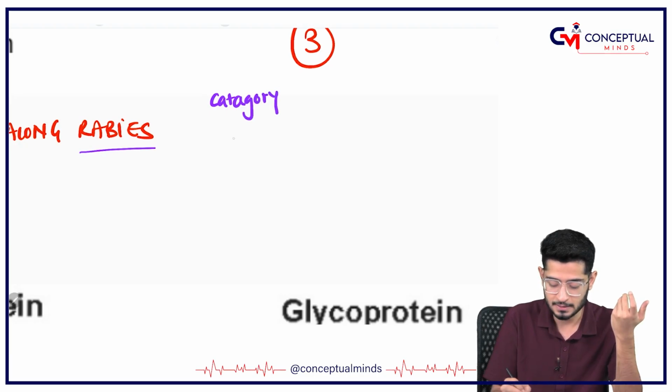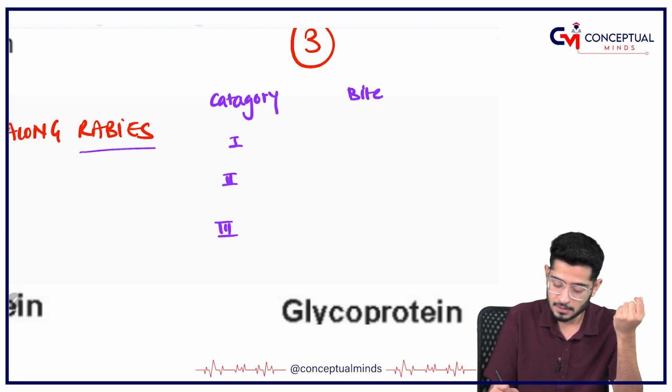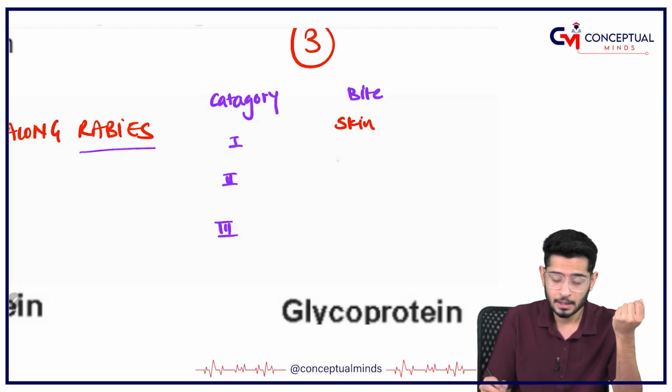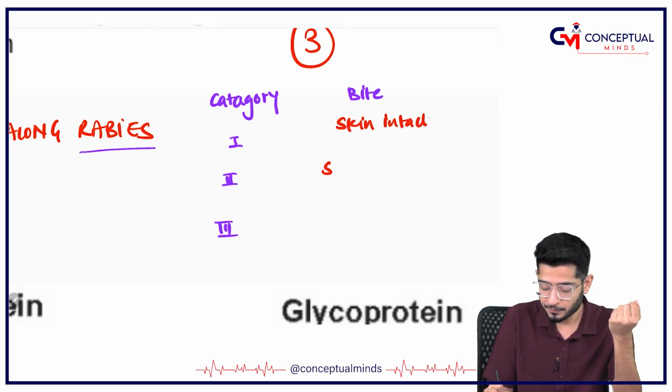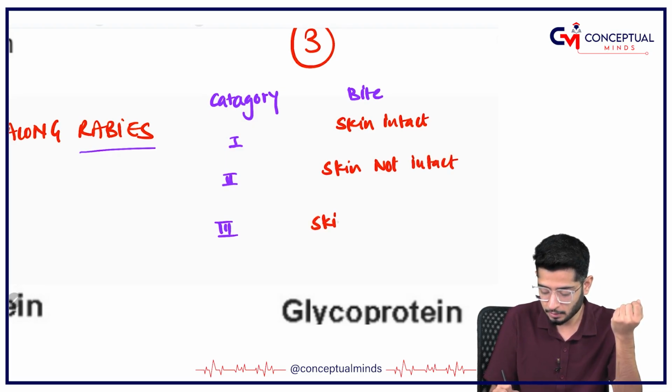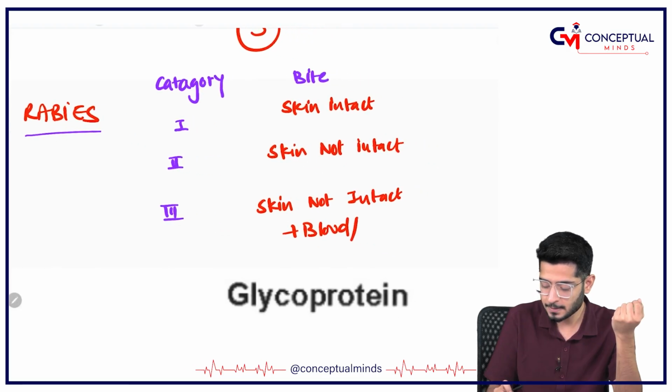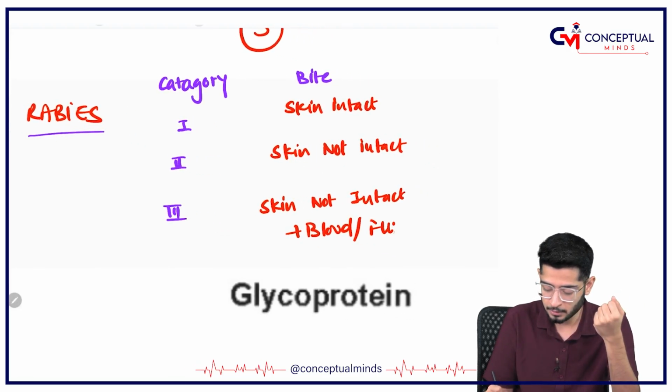There are some categories of bite: category 1, category 2, category 3. Category 1 means the skin is intact. Category 2 means skin is not intact, and category 3 means skin is not intact and there is blood coming out, or body fluids have come in contact.